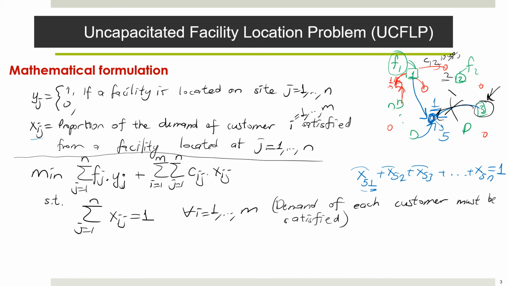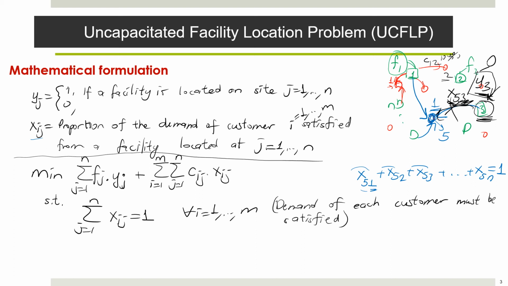So remember, this is X53, satisfying customer 5 from existing location 3. And how do we know if there is a facility in this location or not? We know it by Y3. Y3 tells us if there is a facility located in alternative site 3, and X53 is the amount or proportion of demand that is satisfied from 3.